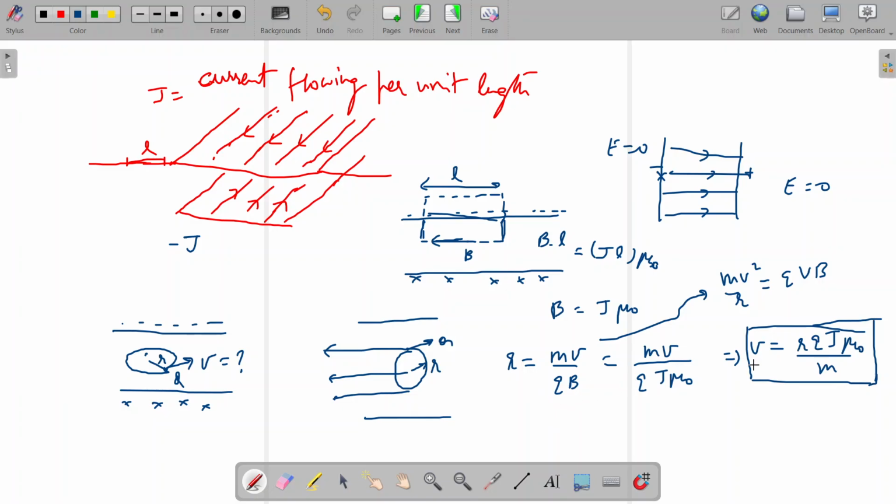So this is the speed with which the charged particle is projected to get a circle of radius r: v equals q J mu naught r by m.